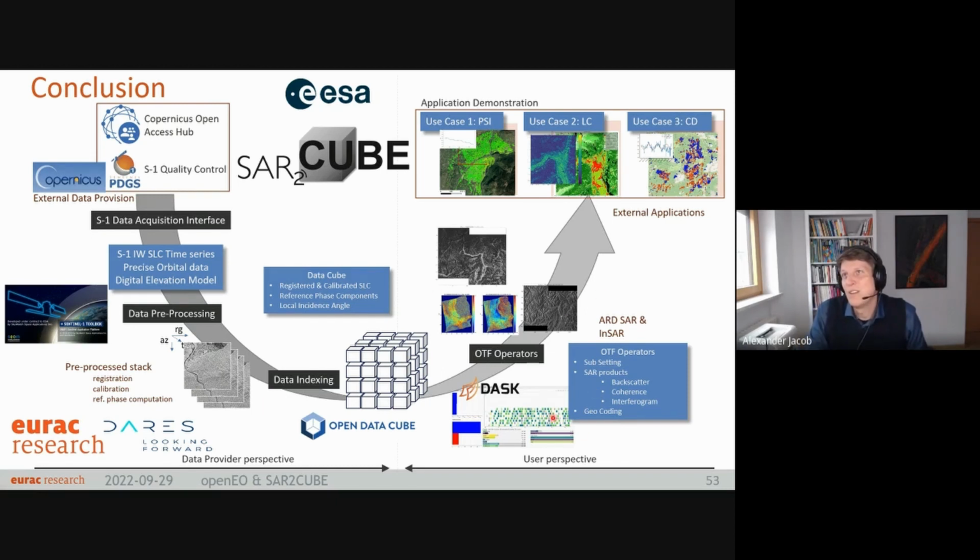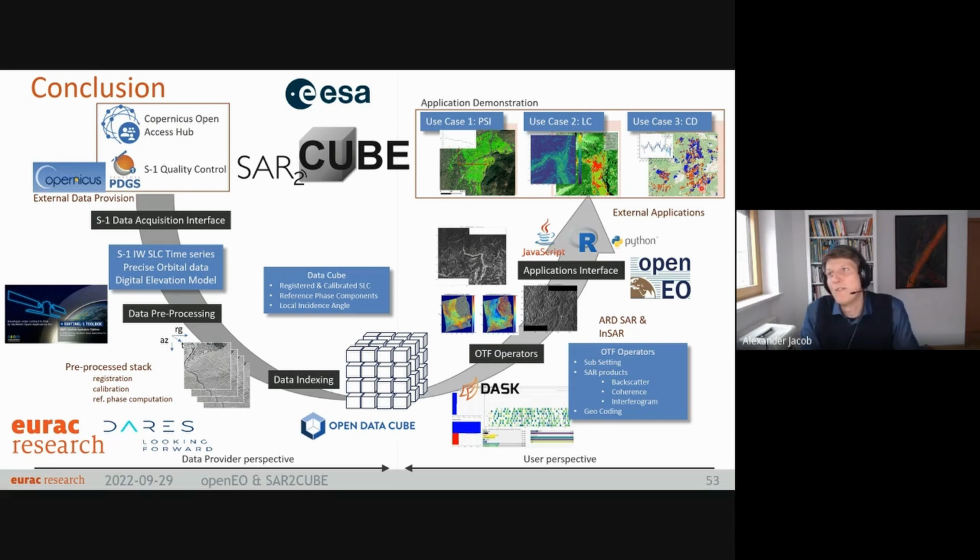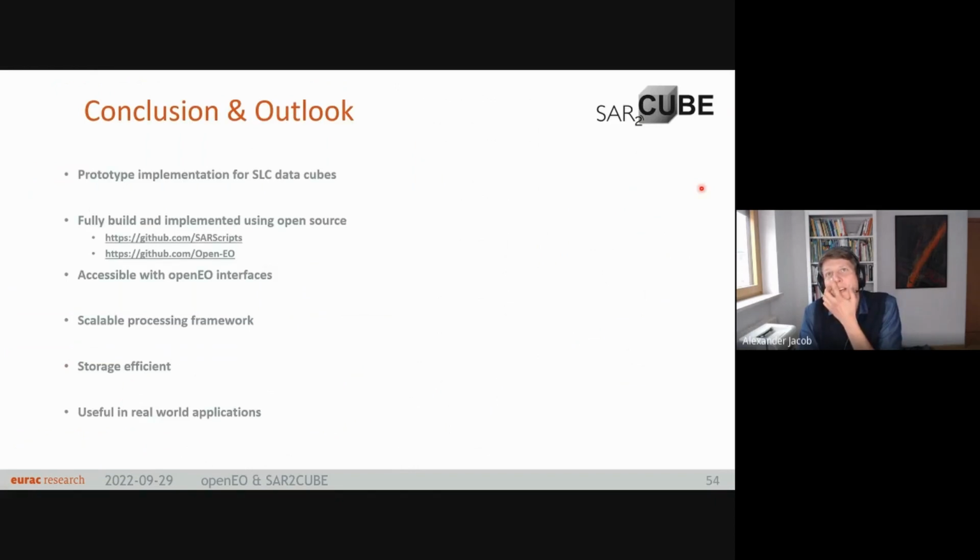So the coherence, the interferograms, or the intensities. And then finally, these are again available through the clients that Michele has shown you for any kind of application, be it persistent scatterers, land cover mapping, change detection, crop type mapping, everything that one can imagine.